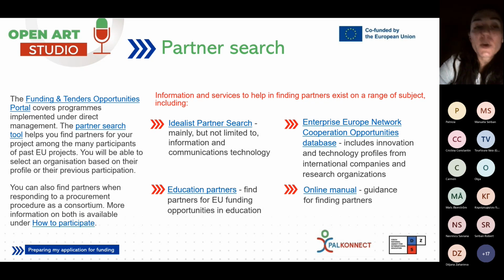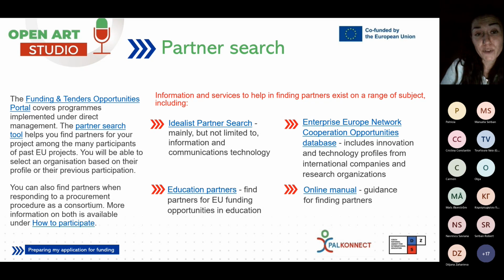So the partner search, I'm going to tell it quickly because we already told some things. The main tool that you can use is the Funding and Tenders Opportunities portal. There is a very specific search machine that you can use to search for partners and also to see if someone wants to lead a project. You can also find partners when responding to a procurement procedure as a consortium, and more information on both is available under how to participate.